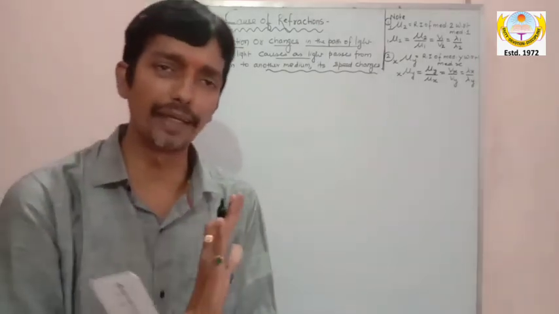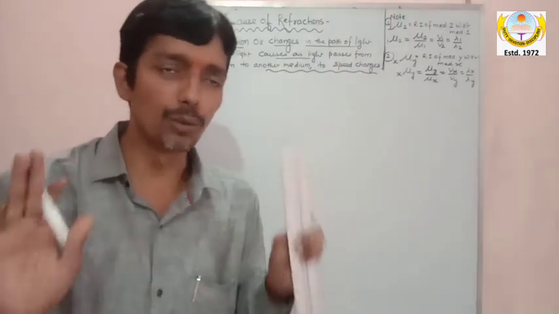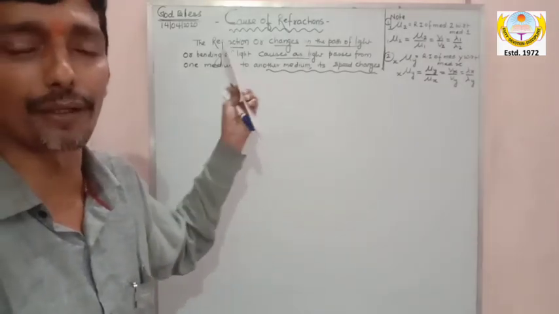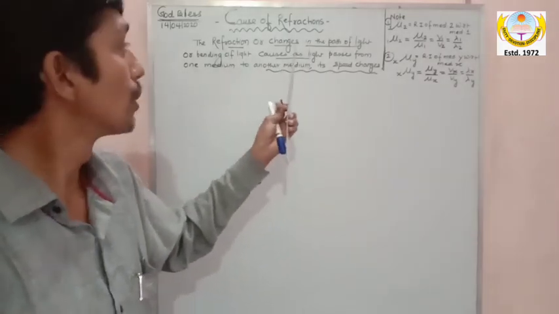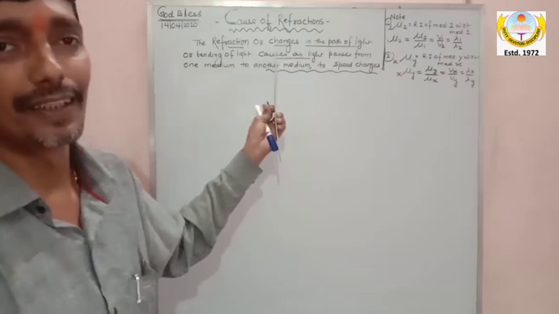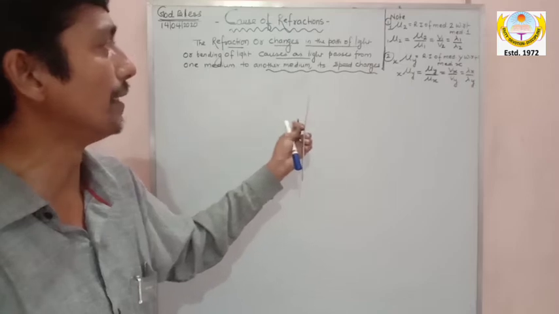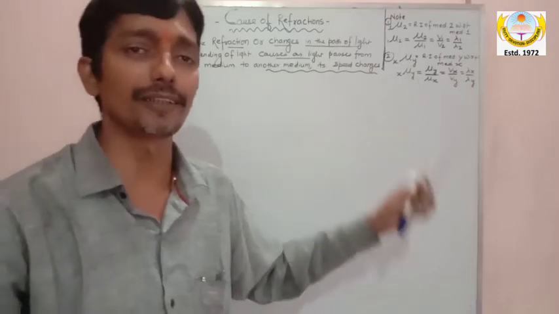I hope it is very well clear. So what causes refraction? The refraction or the change in path of light or bending of light is caused as light passes from one medium to another medium, its speed changes.